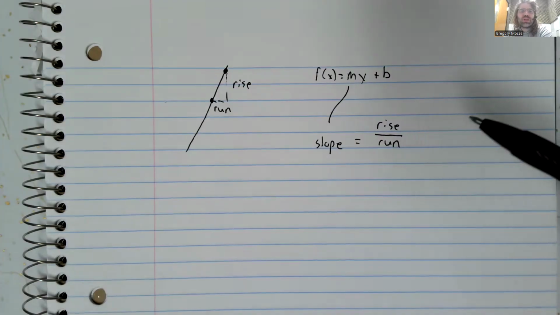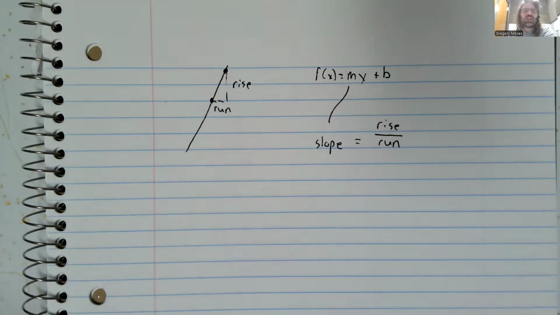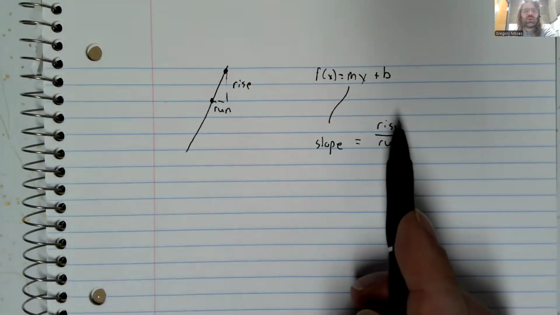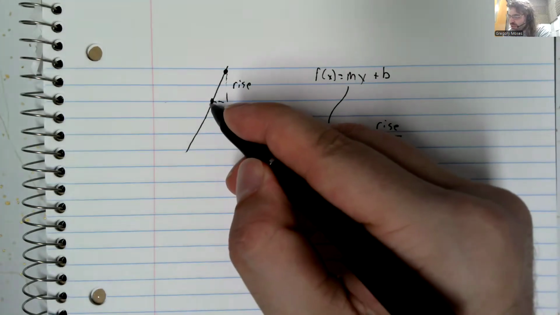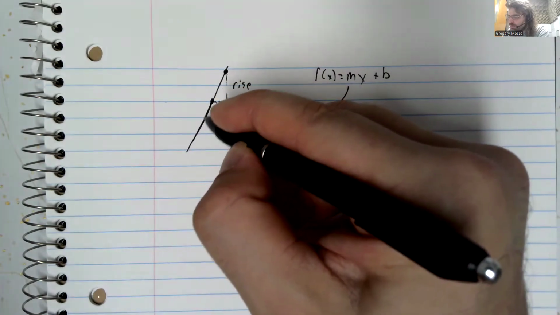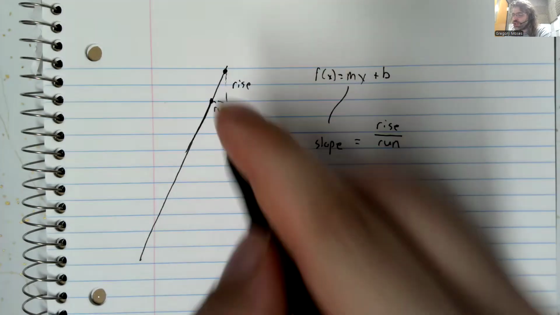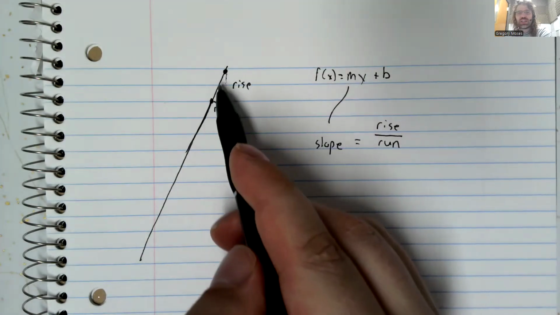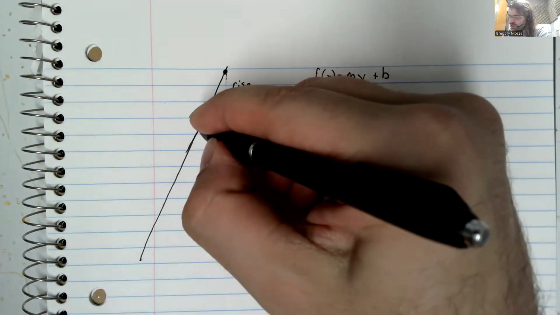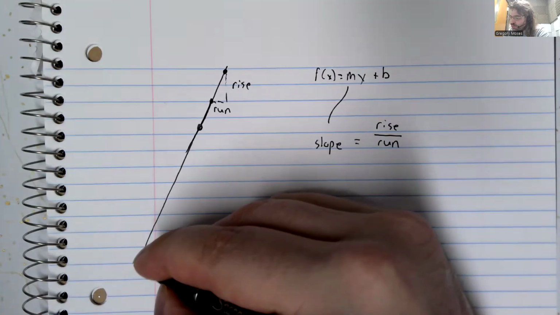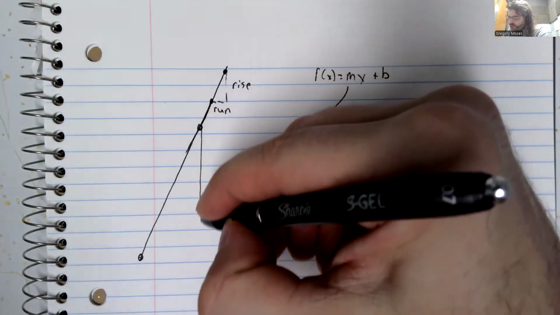And the slope will be the rise over the run. And this ratio is constant. You might think, well, hold on, the rise and the run change, right? What if instead of using these 2 points, I used this point and this point?